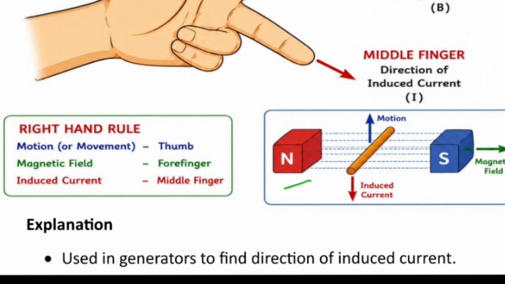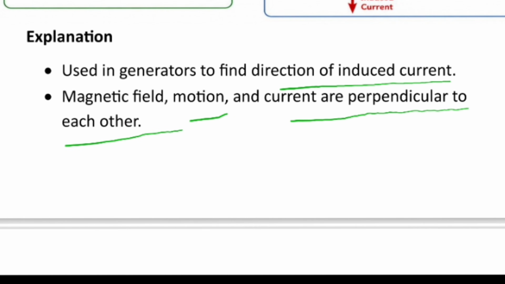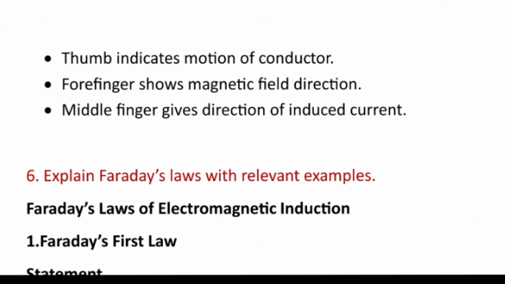Here north and south direction, motion, induced current and magnetic field are represented. Coming to the explanation: it is used for generators to find the direction of induced current. Magnetic field, motion and current are perpendicular to each other. The thumb indicates the motion of the conductor, forefinger shows the magnetic field direction and middle finger gives the direction of induced EMF, induced current.